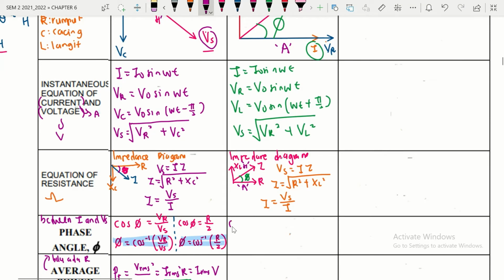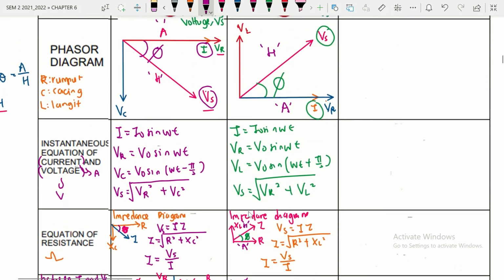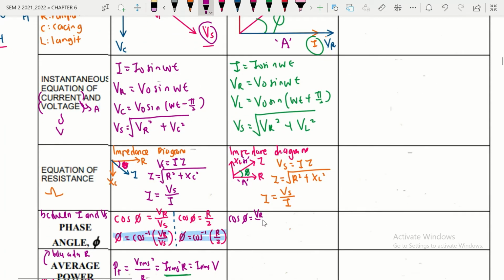So, dekat sini you akan dapatlah kalau mengikut you punya Phasor diagram, cos phi you adalah VR over Vs. So, phi equals shift cos VR over Vs. Or, another one, kalau bergantung kepada impedance diagram, you akan dapat cos phi equals to R over Z. Adjacent over hypotenuse, right? Jadi, phase angle dia adalah shift cos R over Z. Perasan tak? Sama je sebenarnya. Okay, it is the same.